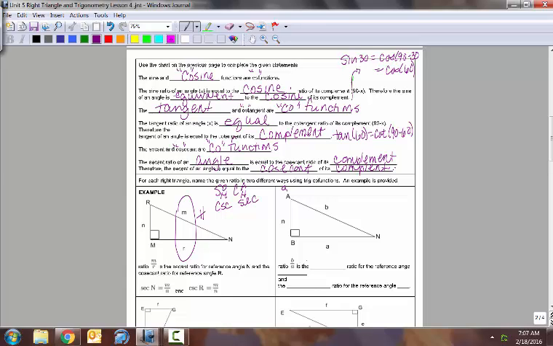And then here's our reference angle. We've got the secant of n, hypotenuse over adjacent, is equal to the cosecant of r, the hypotenuse over the opposite. Kind of, if you get one of them, the secant or the cosecant, you find the correct reference angle and then you use the other acute angle or the other ratio.